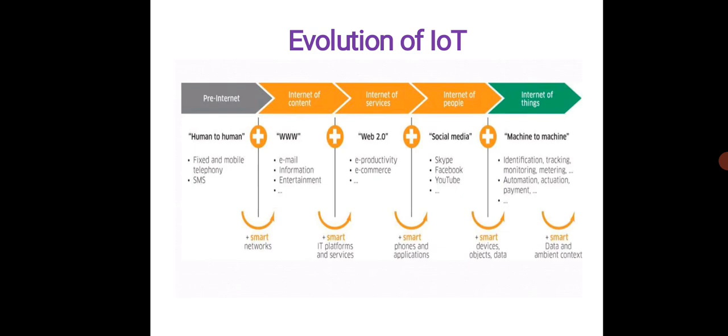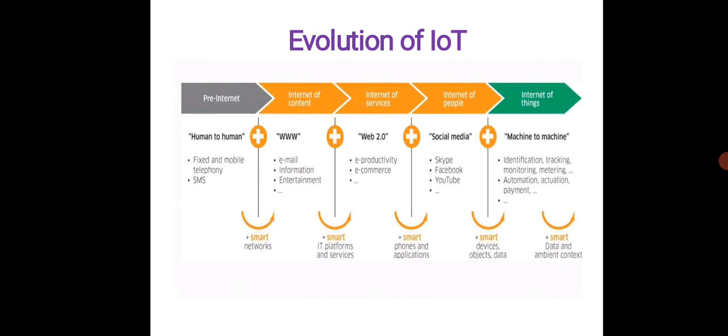Pre-internet is merely human to human, with applications like SMS, whereas internet of content is purely the www, that is email, information, or entertainment. Then comes web 2.0, which involves services like productivity and commerce related to the e-thing.